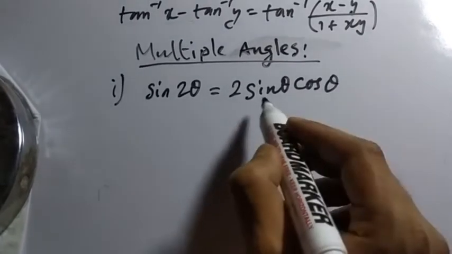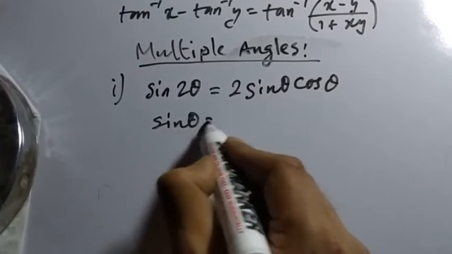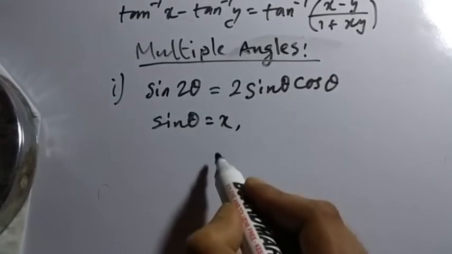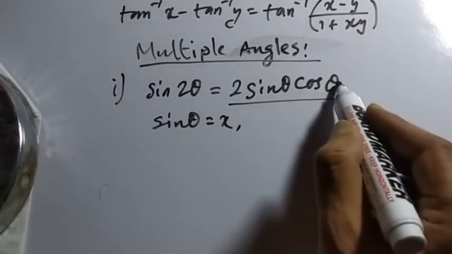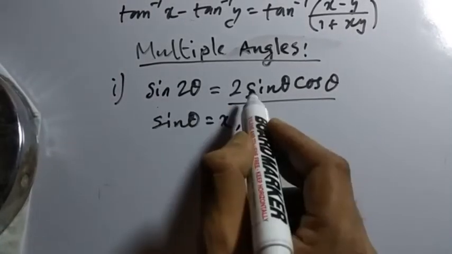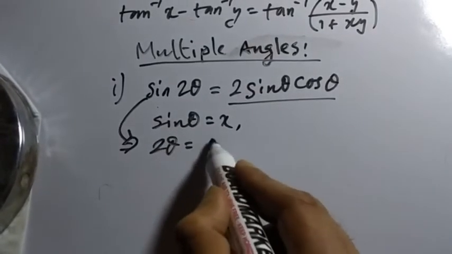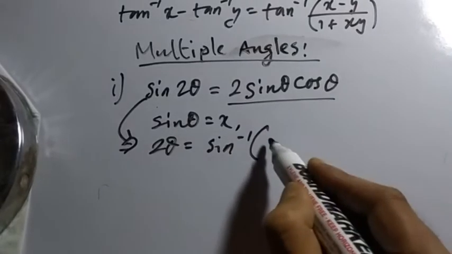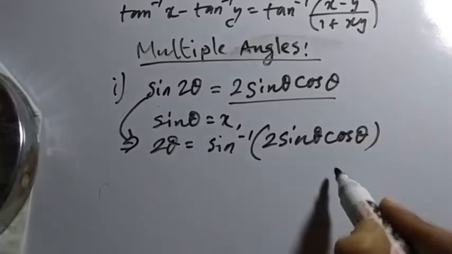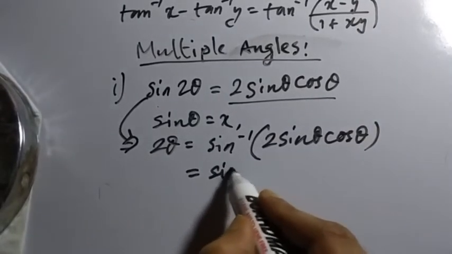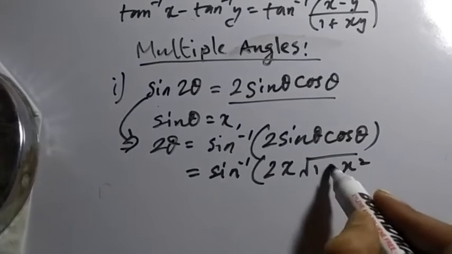If we take sine theta as x, then this part will be 2x into root over of 1 minus x square. So from this we can write 2 theta is equal to sine inverse of 2 sine theta cos theta, that means sine inverse 2x root over of 1 minus x square.